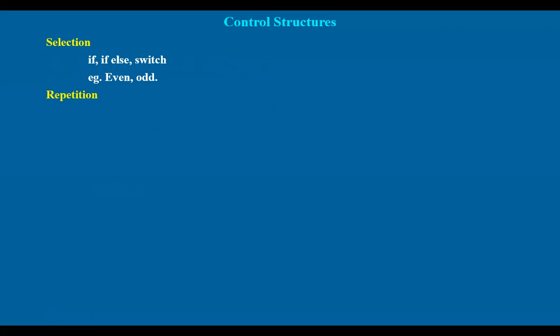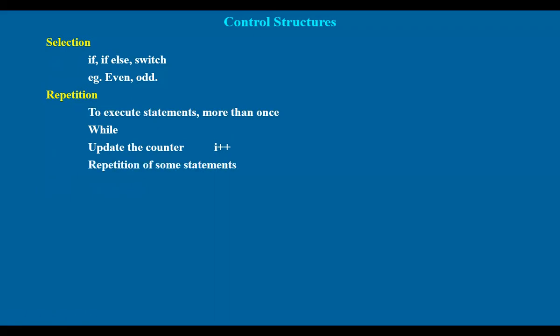If you want to repeat some set of statements repeatedly a number of times, we use some other thing to execute the statements more than once, while and for are used. There you will be using a counter, that is i++. If you remember that, else check my previous videos. So repetition of some statements will be done using this for as well as while.